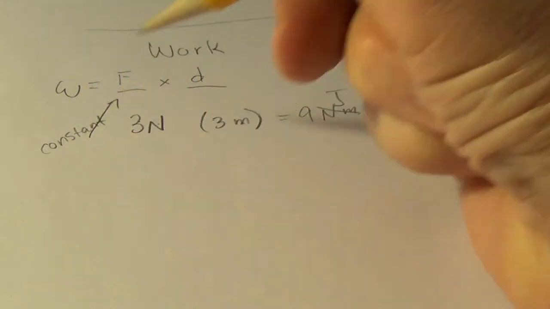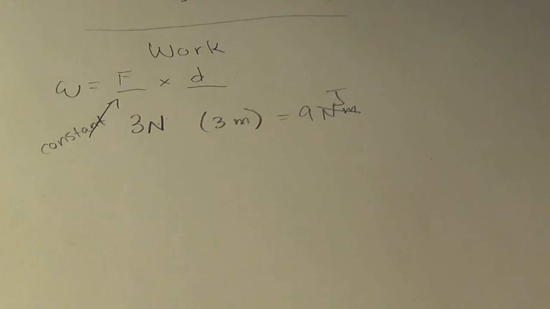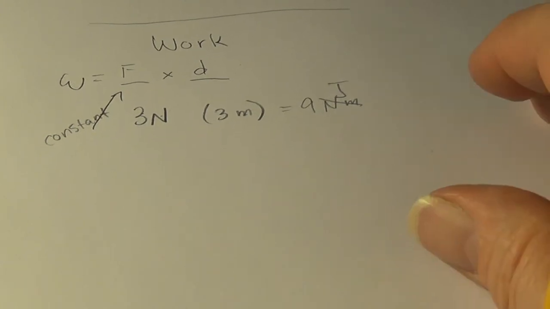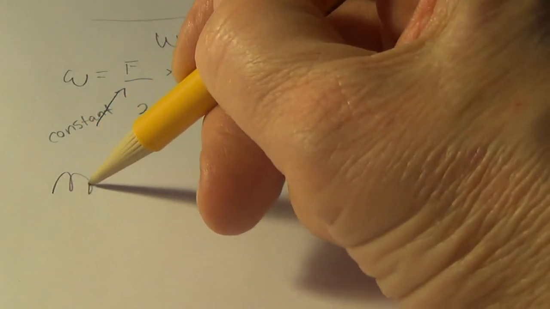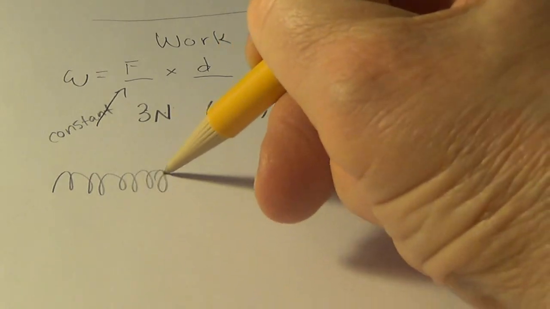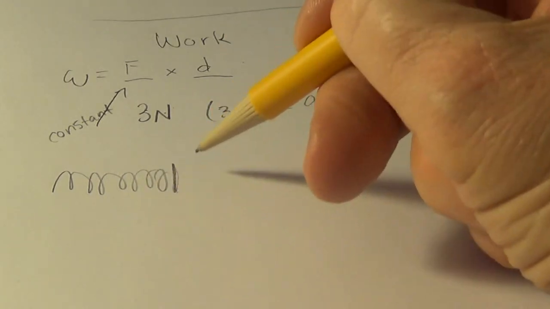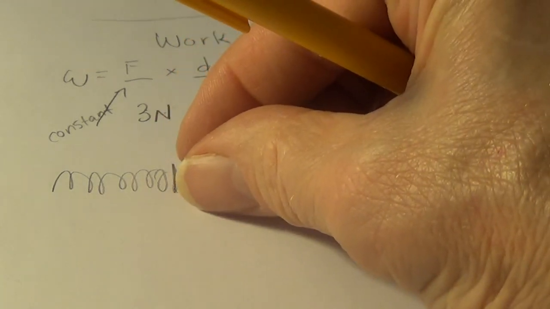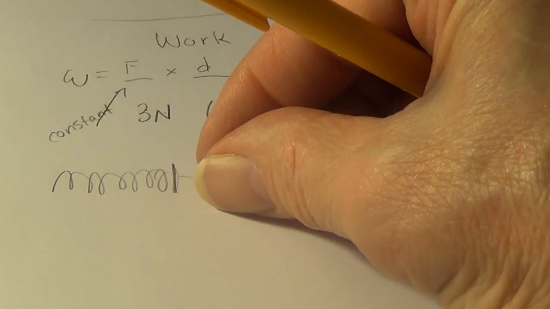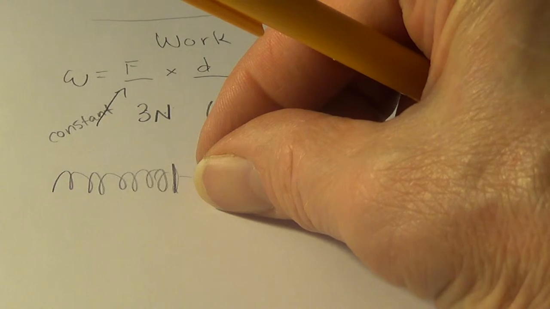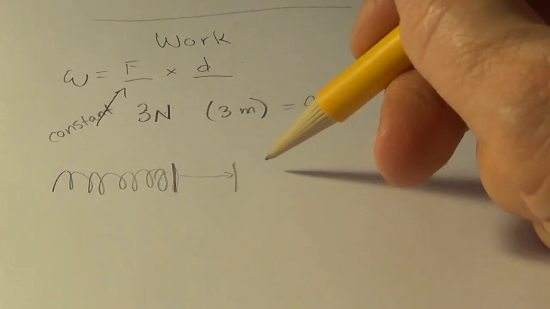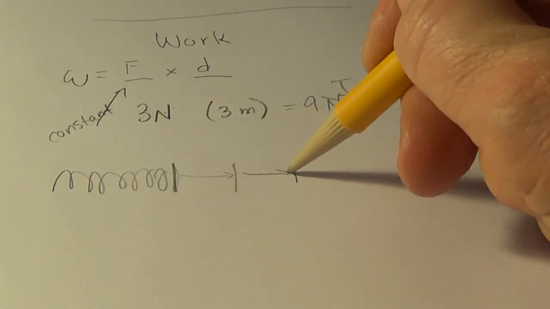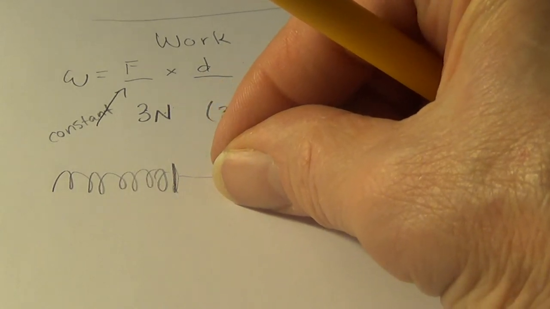But in real life, the force is not usually constant. For example, say I had a spring and I'm going to pull it. It starts here, and I'm going to pull it to here. And as I'm pulling it, at first it goes real easily. But once I get down to here, it's really hard to pull.